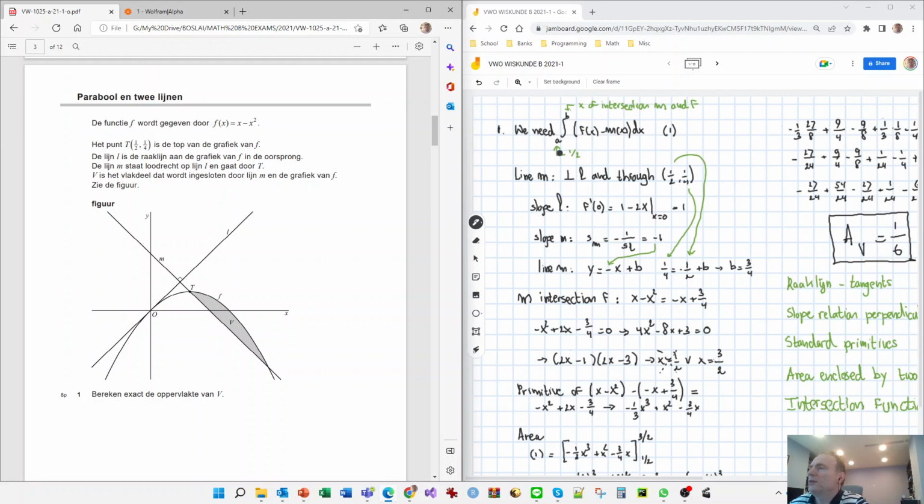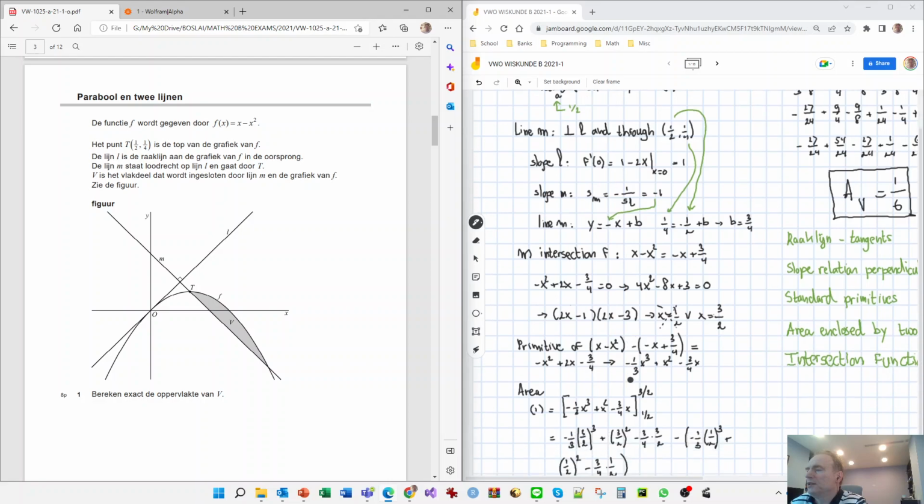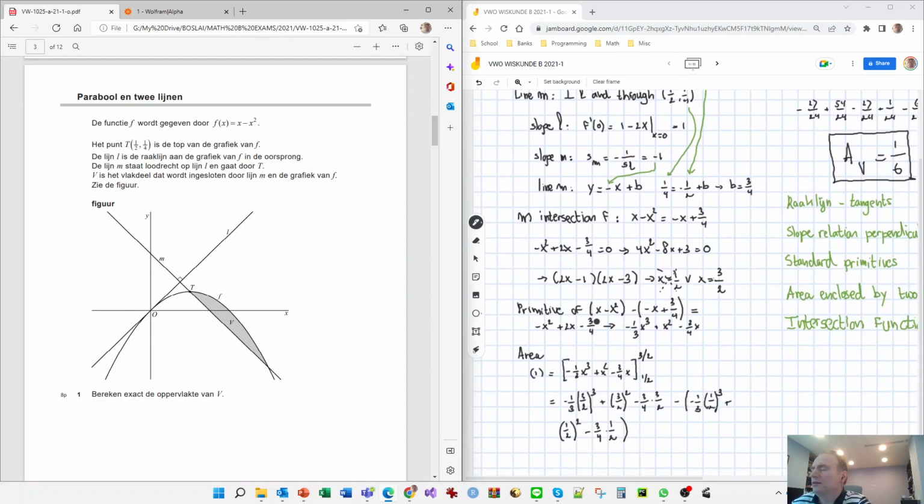So now we know our bounds of the integral, and now we need to find the primitive of this. That should also be standard knowledge. Actually we should get a primitive of the difference of the function, so we first write f minus m, which is x minus x squared minus the expression for m, and then for this one we take the primitive, which is pretty straightforward, given here, and that gives us then the area by taking the primitive between these bounds.